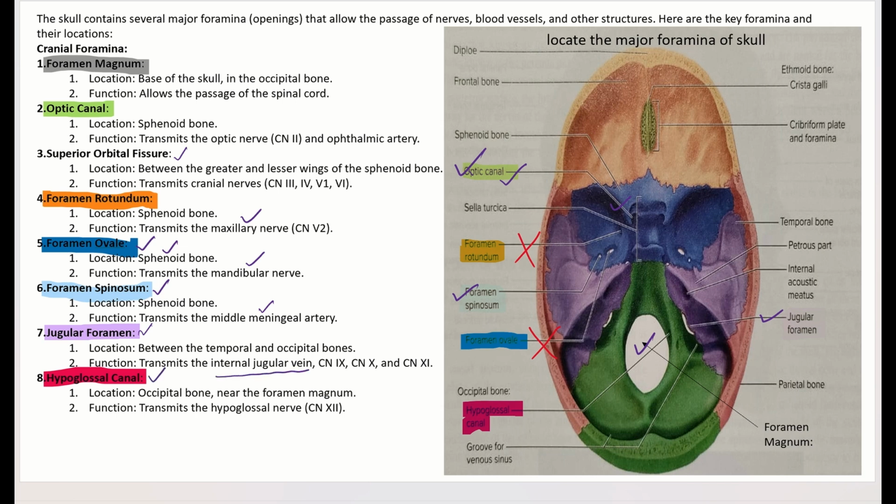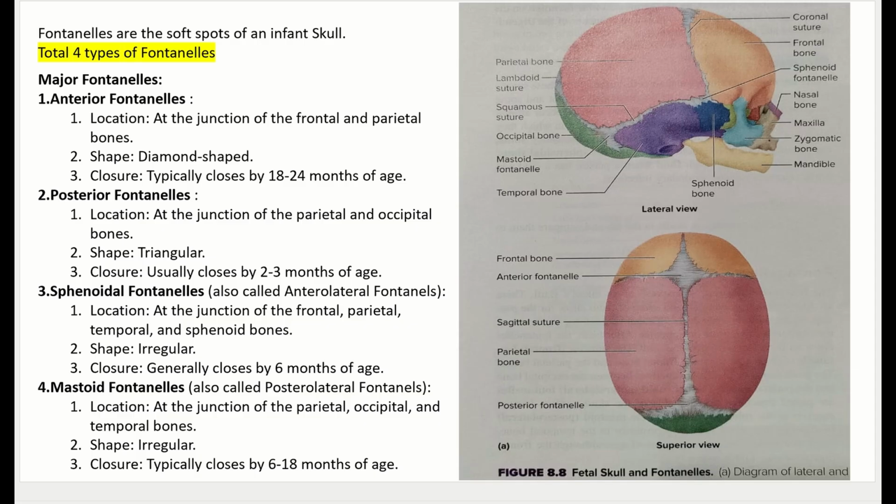The eighth one is the hypoglossal canal, and it is located in the occipital bone near the foramen magnum. It transmits the hypoglossal nerve. So these were the few foramina, the openings that allow the passage of nerves, blood vessels, or other structures.